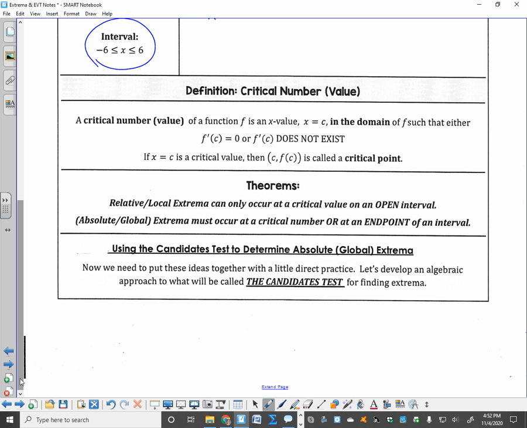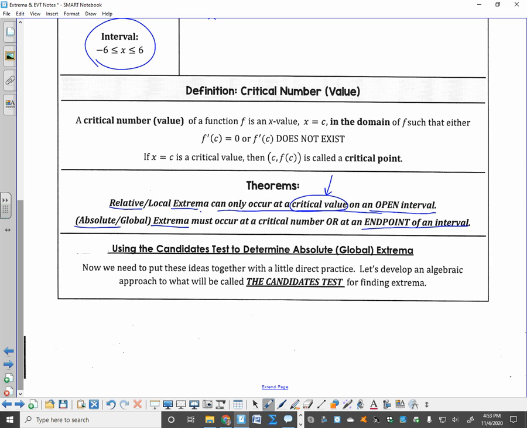Okay, we already know that relative extrema occur on an open interval, and we already know that absolute extrema can happen at endpoints of an interval. So here's the new piece of information. Relative extrema can only occur at a critical value.